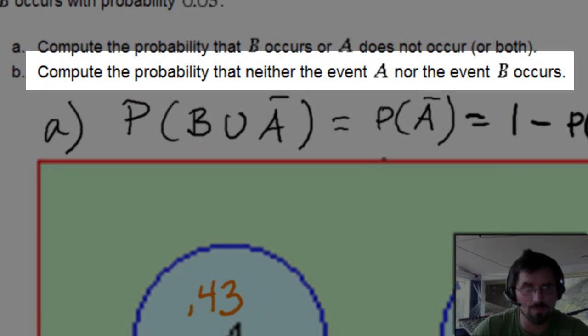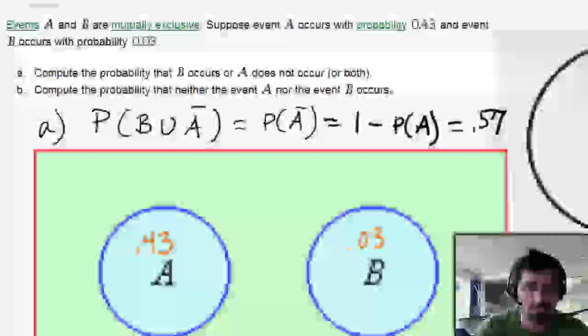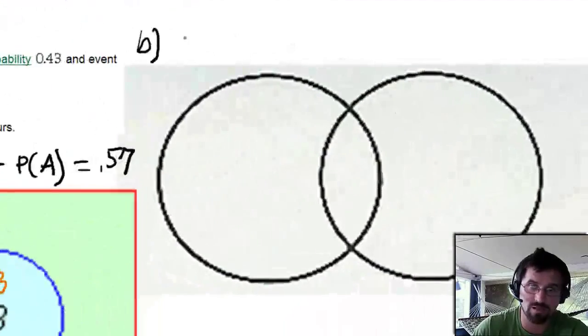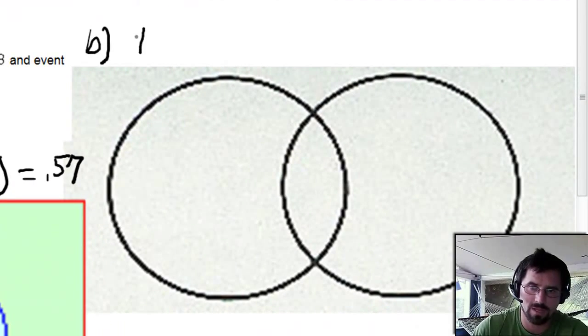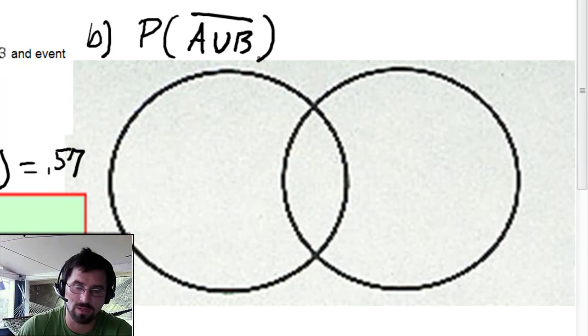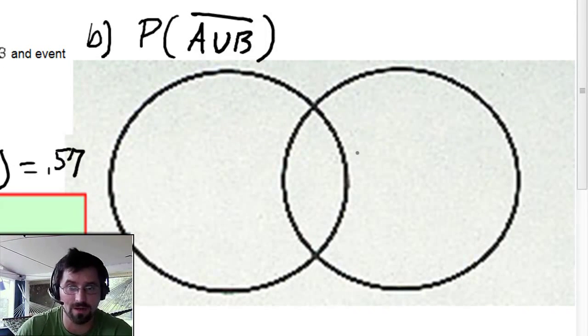Alright, let's look at part B here. They want to compute the probability that neither the event A nor the event B occurs. So they want neither A nor B. So not A or B is basically what they're saying. So part B is asking to find P of not A or B. We learned that up in here, right?